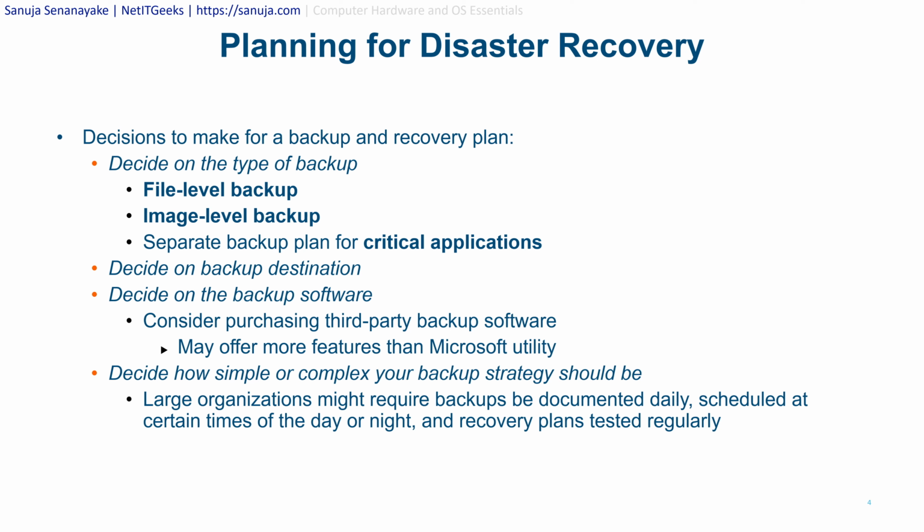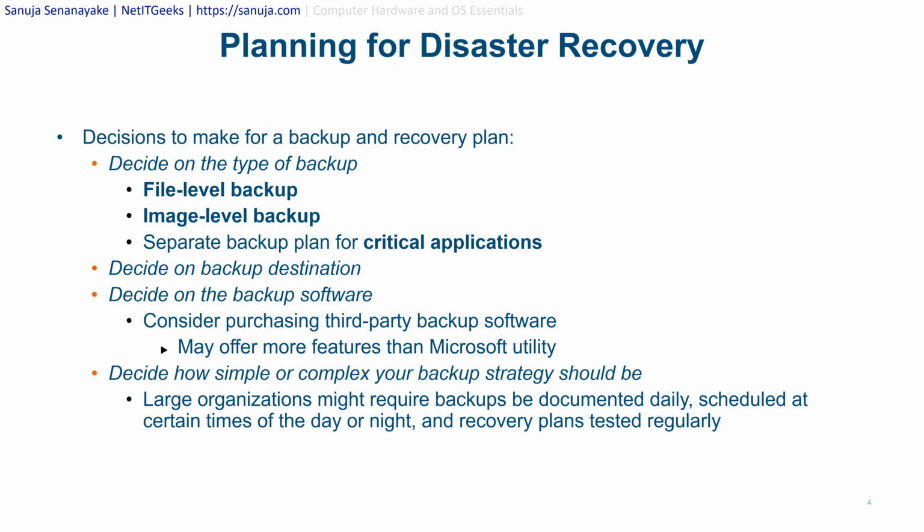Image level backup is going to take an image of the current operating system with all its software, drivers, applications, everything within it, and create a mirror image of that. Image level backups are usually done through enterprise software, including Microsoft Server 2022.